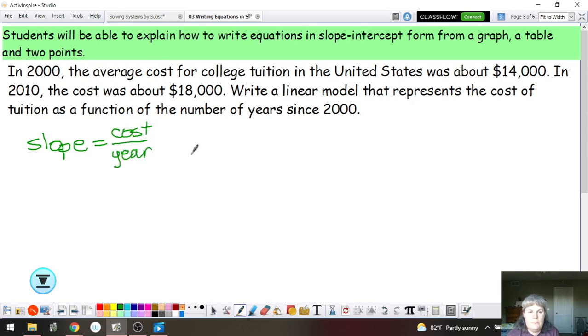So we want to find the change in the cost. So the two cost values we have are 18,000 and 14,000. So 18,000 subtract 14,000. The number of years since 2000, so we're going 2010 subtract 2,000, and this will get us our slope.